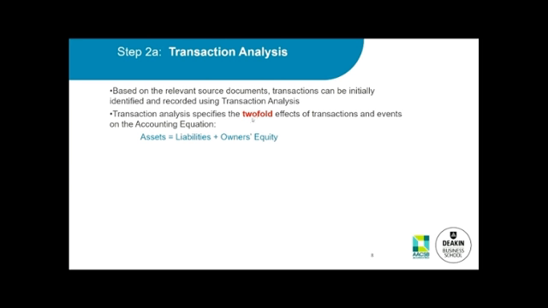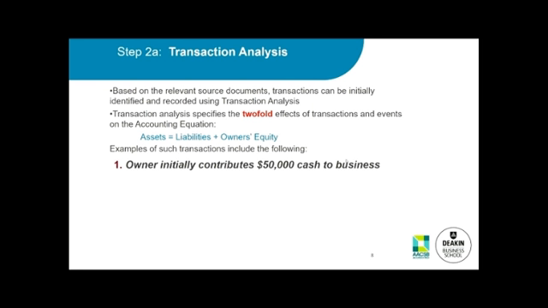And the other important thing to remember is that we use double entry accounting in Australia, which means that every transaction has at least two effects, at least two. If it's a single transaction, it's usually two accounts, but if it's a compound transaction, it might be more than two. So we have to keep that in mind when we look at various transactions.